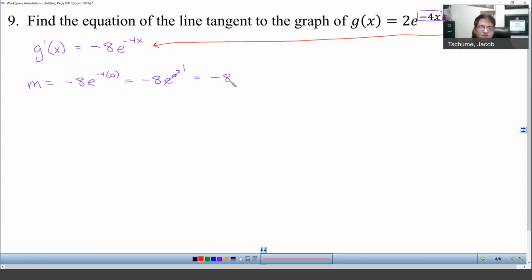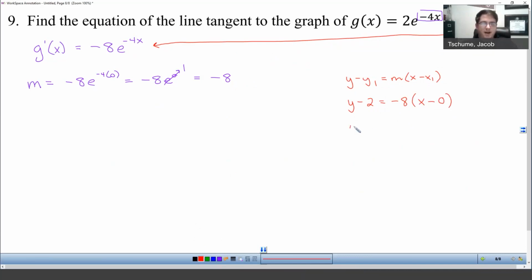Now I can use this slope and the original point that I gave you, and we can use our point slope formula to write the equation of a tangent line. So this would end up being y minus your y value, which is 2, equals your slope of negative 8 times x minus your x value, which is 0.